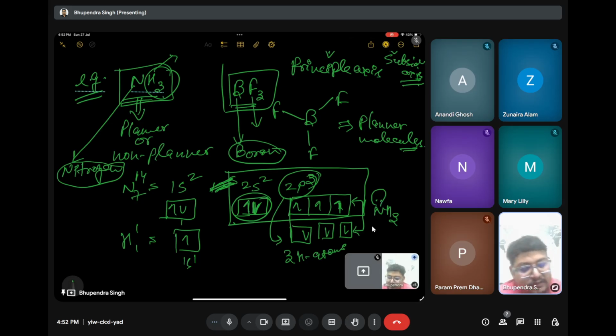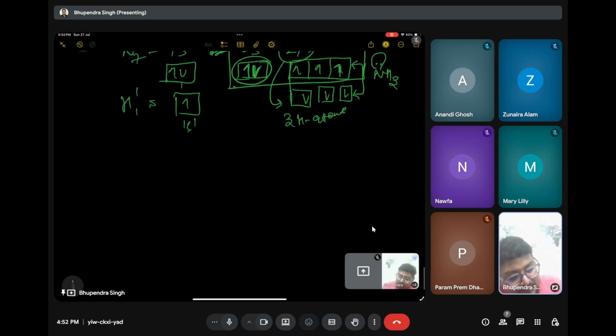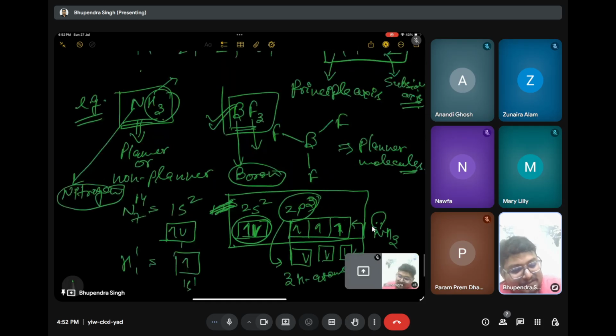This is the story, different from BF3. BF3 is a planar molecule, but because of this lone pair, NH3 is a non-planar molecule. That is why I am saying it is very important to draw the molecule and know the orbital diagram, to know the correct structure of the molecule.